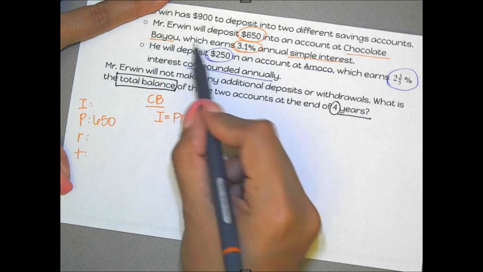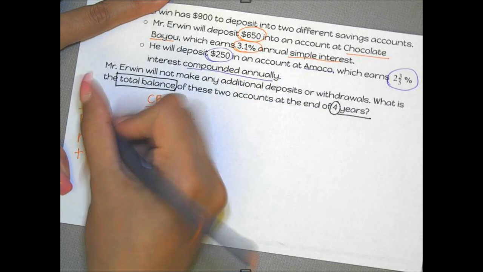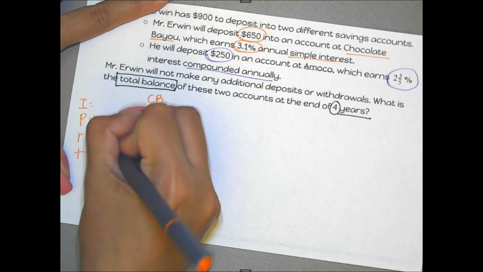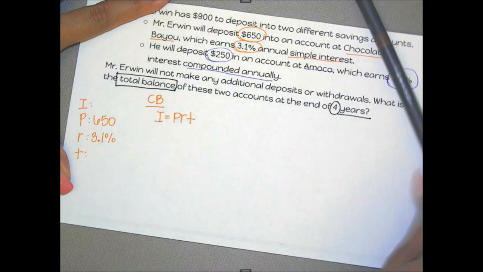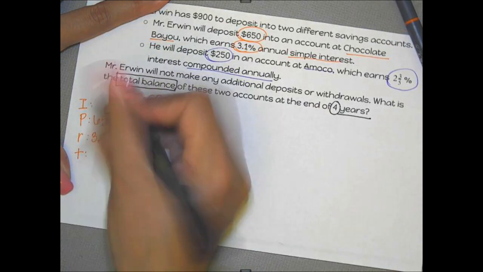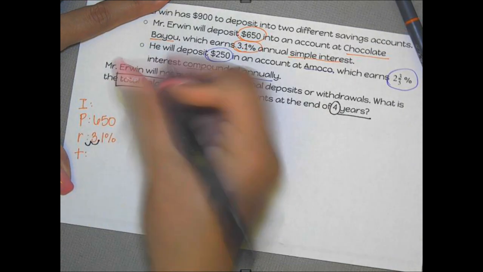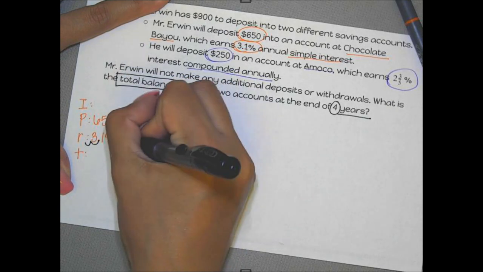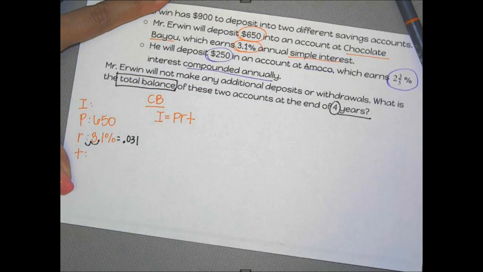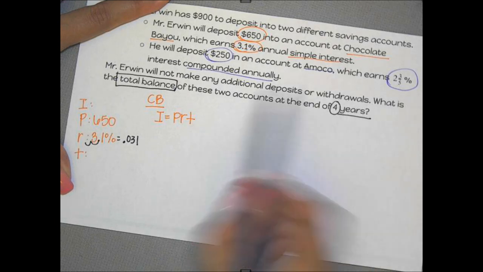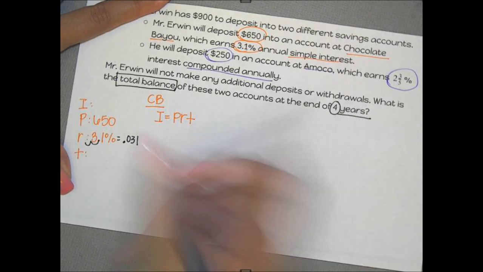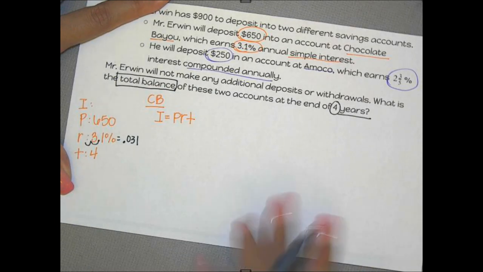Okay, and then it says it's going to earn 3.1% simple interest. Now that is a percent, and we need to remember to turn that into a decimal. So I would move the decimal 1, 2, and that would become 0.031. And then it says at the end of 4 years. So my time on this problem is going to be 4.